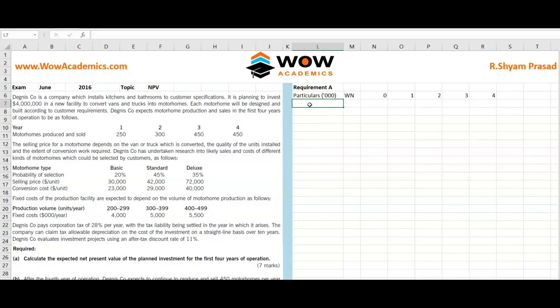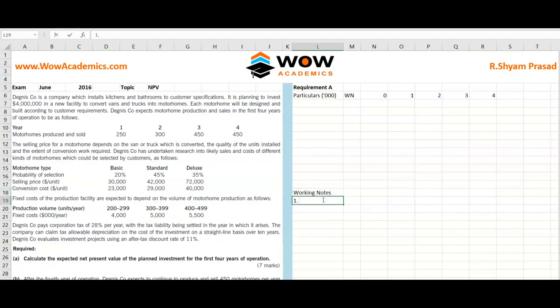The first number that we have to have is the sales number. But if we work out the sales number, it takes a long time to find the sales number, then the variable cost number, and then the other relevant numbers. Better to do it in working notes. So we'll start from working notes.